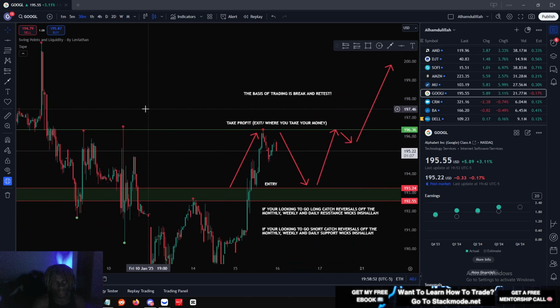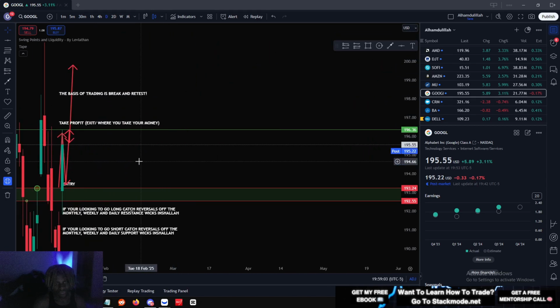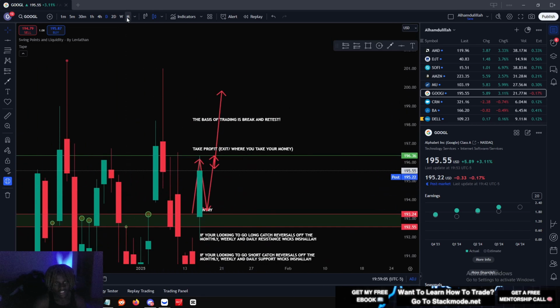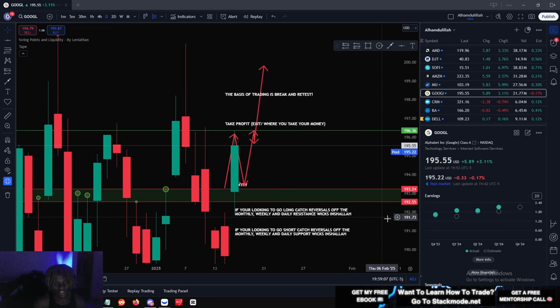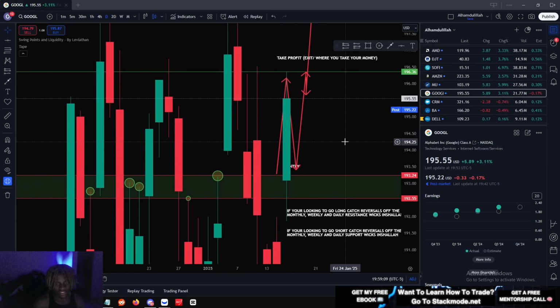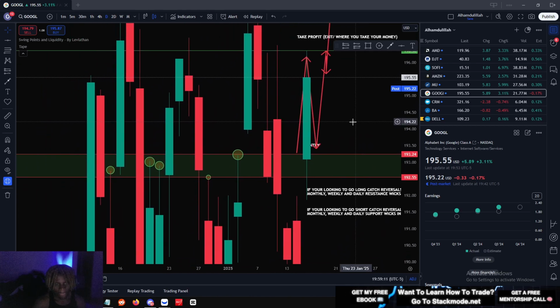And let me show you how to find your stop loss too. Let's pay close attention. It might look confusing, but once you start doing this, it's going to be really easy. So this is the last resistance wick right here, right?